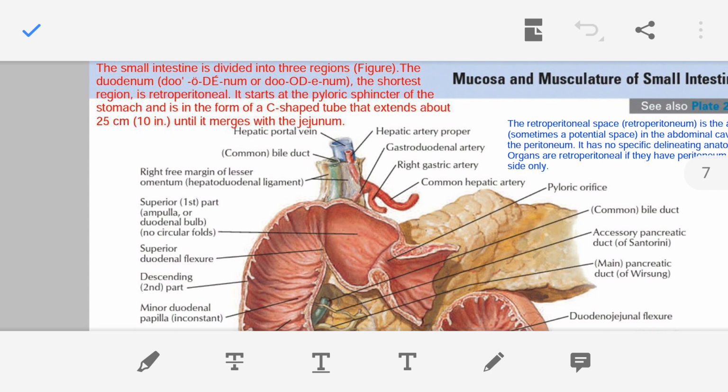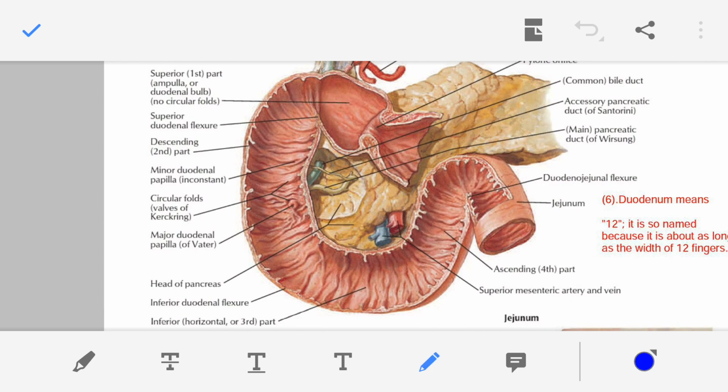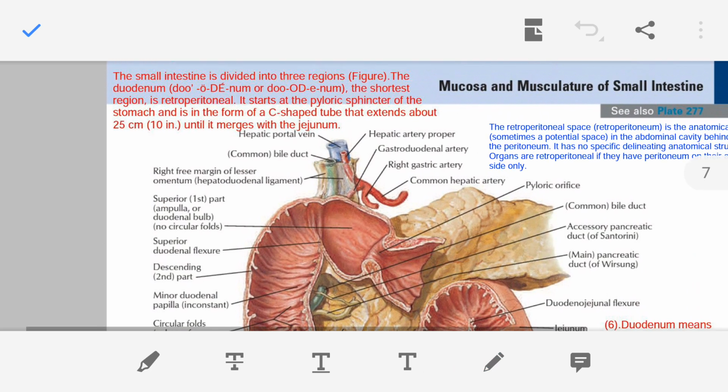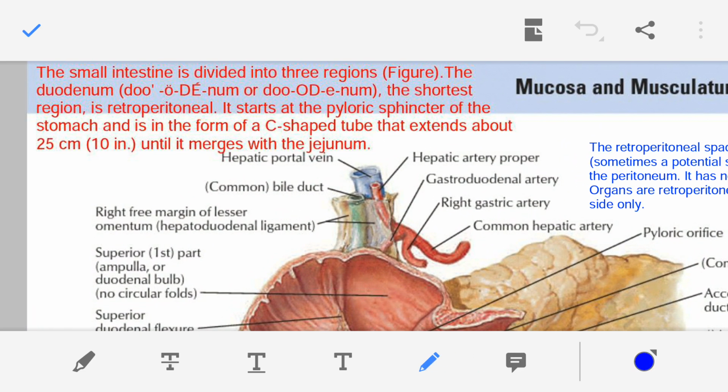The shape of the duodenum, as you can see, is a C shape. So the duodenum is a C shaped organ, and the length of the duodenum is 25 centimeter, 10 inch.